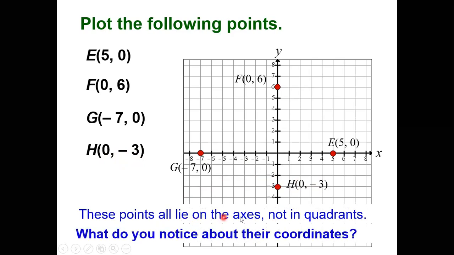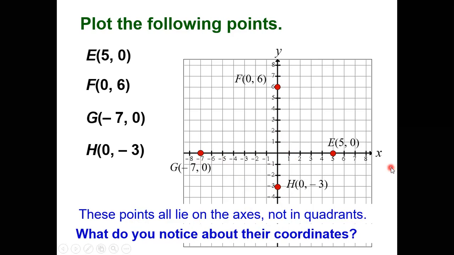These points all lie on the axis, right? Point E lies on the x-axis, point F lies on the y-axis, point G lies on the x-axis, and point H lies on the y-axis. What do you notice about the coordinates?